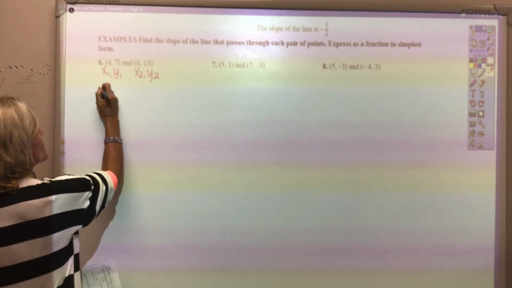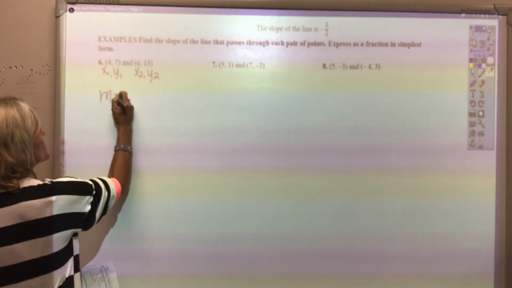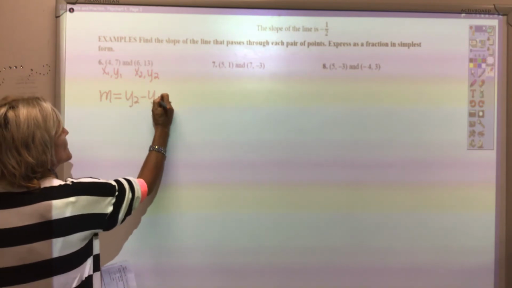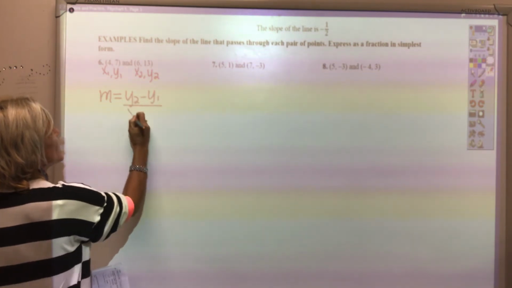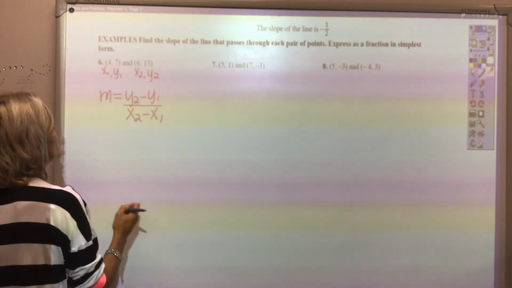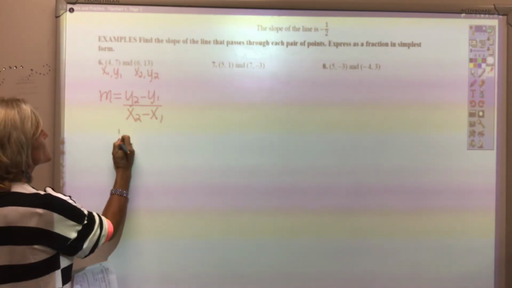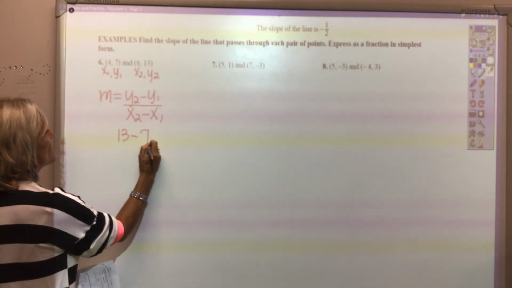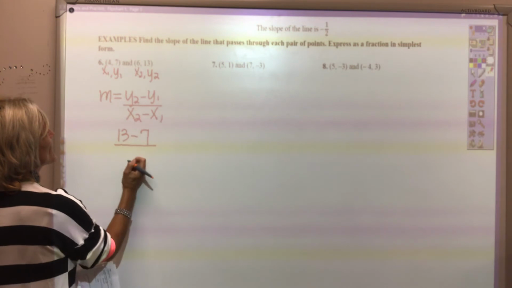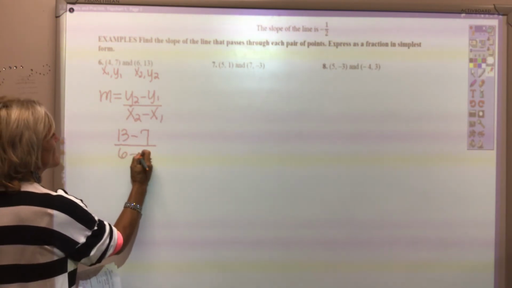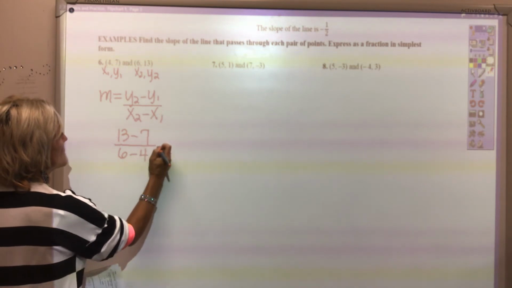And then remember my formula is m equals y2 minus y1 over x2 minus x1. So we see y2 is 13. We're going to subtract y1, which is 7. Put that over x2, which is 6, minus x1, which is 4.